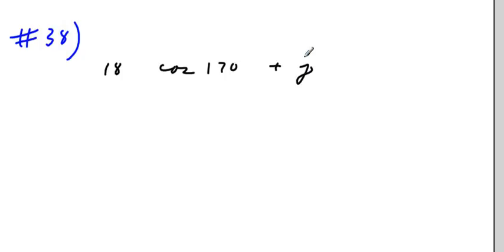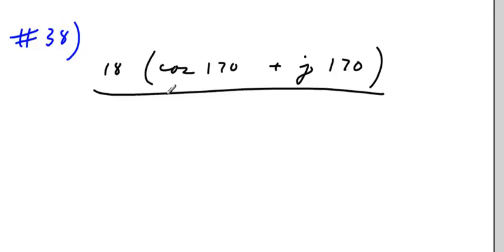Okay, we'll do 38 next. Am I going fast enough? 38. 18 cosine 170 plus j sine 170 divided by 2 cosine 70 plus j sine 70.